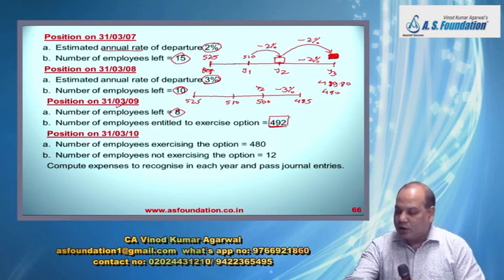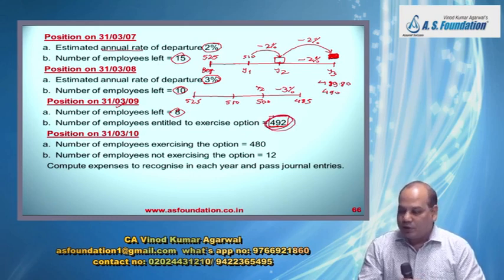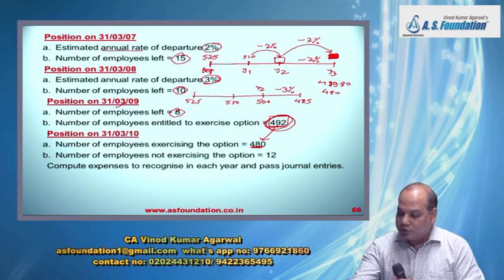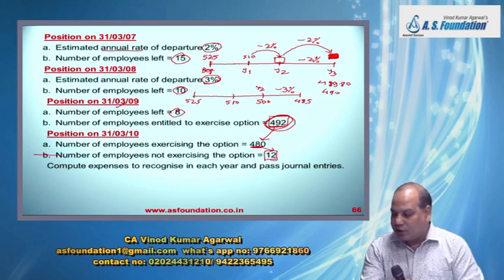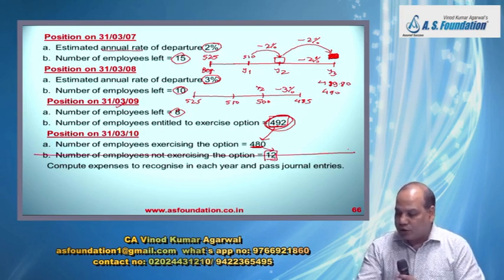Now these people are eligible to purchase the share of the company by paying the exercise price, which is 125. Number of employees who are actually exercising their option is 480. So how many employees did not exercise? 492 minus 480, 12. In the exam, this line is not given. You have to calculate 492 minus 480.